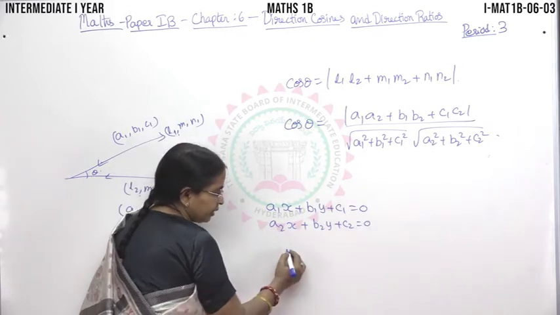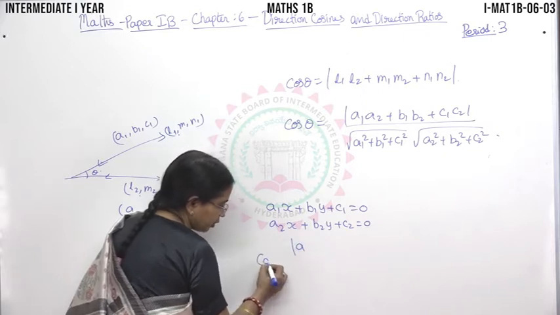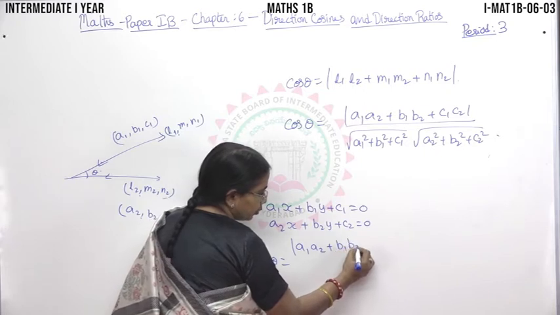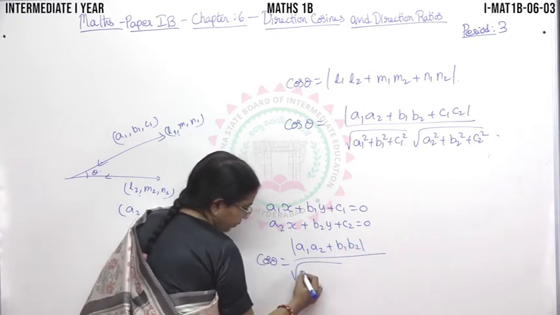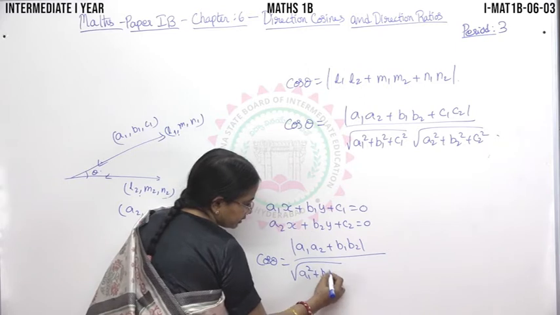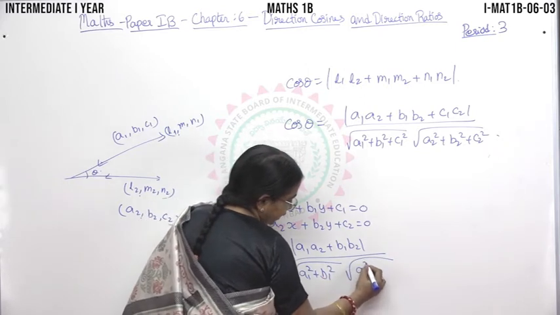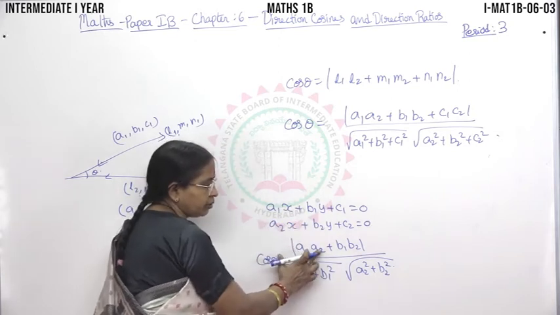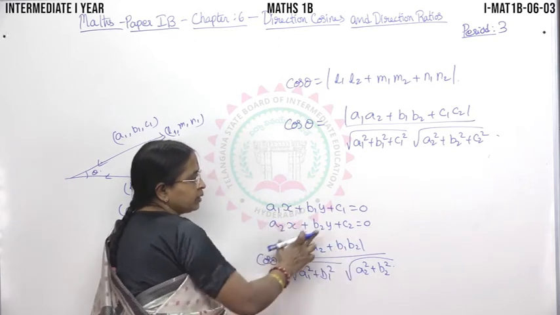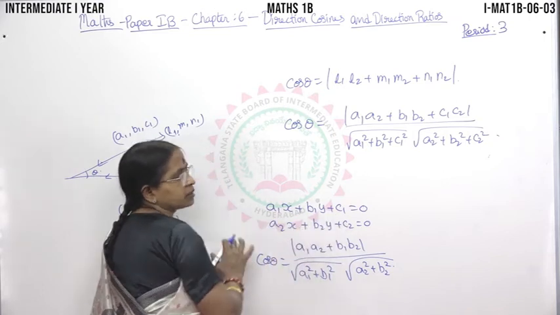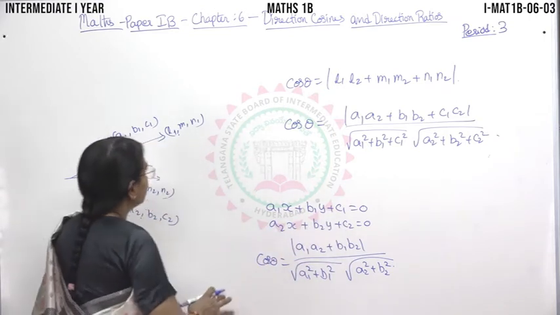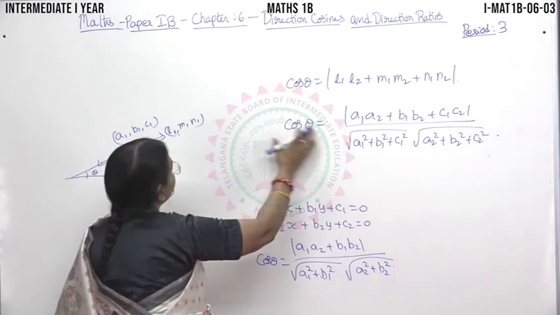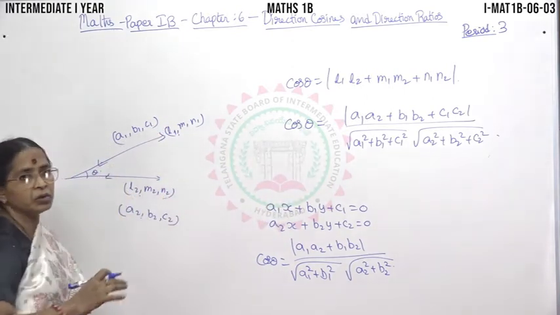So the angle between them is given by the same formula: cos theta is equal to A1A2 plus B1B2 only, by root of (A1 square plus B1 square) into root of (A2 square plus B2 square). So in two dimensions, you have only two terms like this. C1, C2 are constants there. Okay. And then here, C also will be there, where A, B, C are the direction ratios.